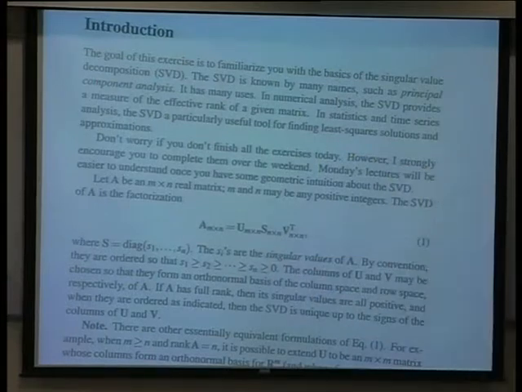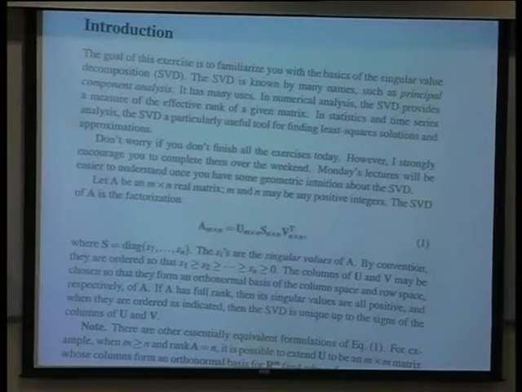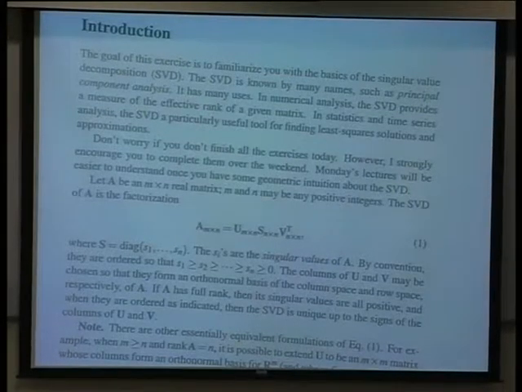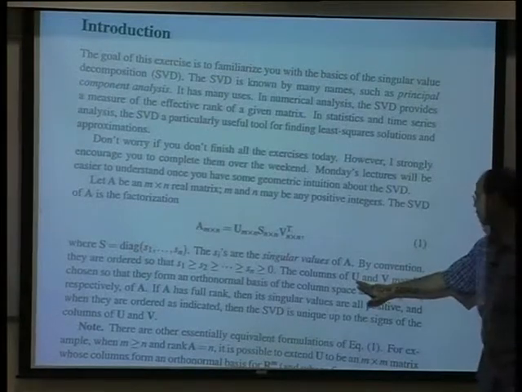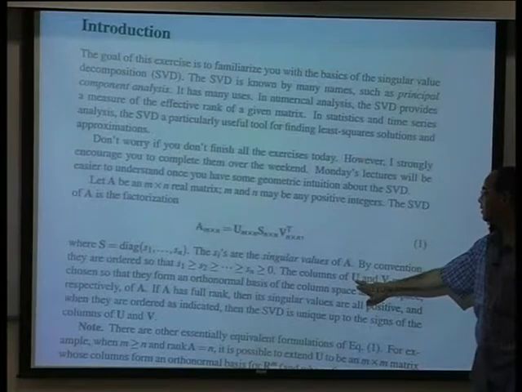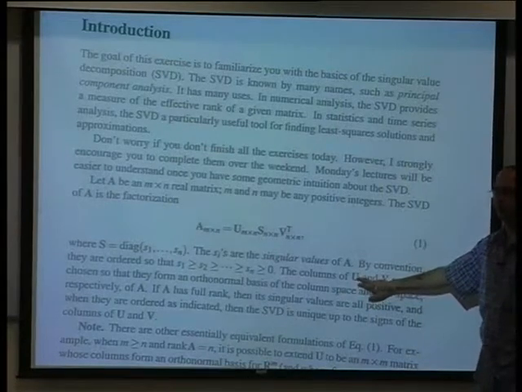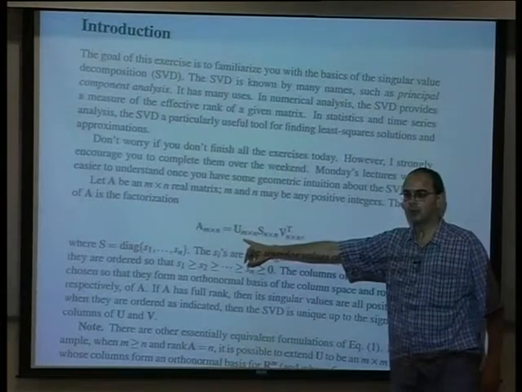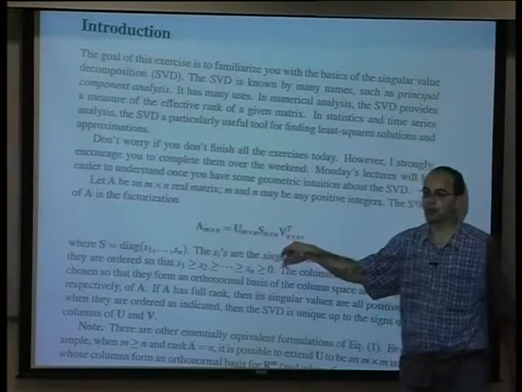U and V are such that the column and the row spaces of them are orthonormal. So the columns of U are orthonormal. Actually, V is both row and column orthonormal. So this one is column orthonormal, and this one is an orthonormal matrix.